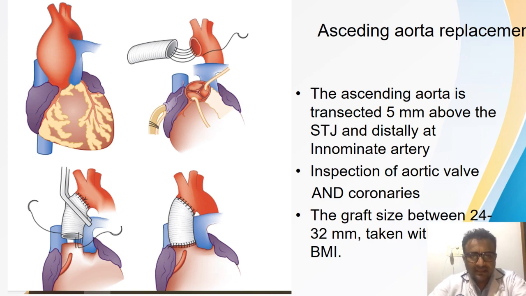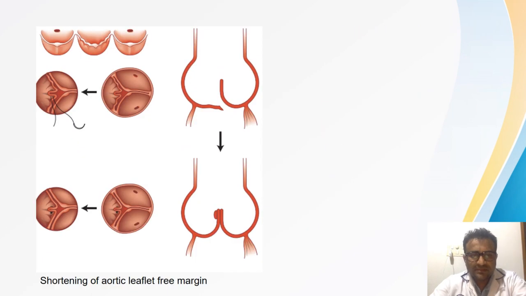For that, a graft size between 24 and 32 mm is taken. Before we do, we need to inspect the aortic valve. If one of the leaflets has an elongated free margin, we can shorten the elongated free margin of the aortic valve leaflet so that we can minimize the aortic insufficiency.